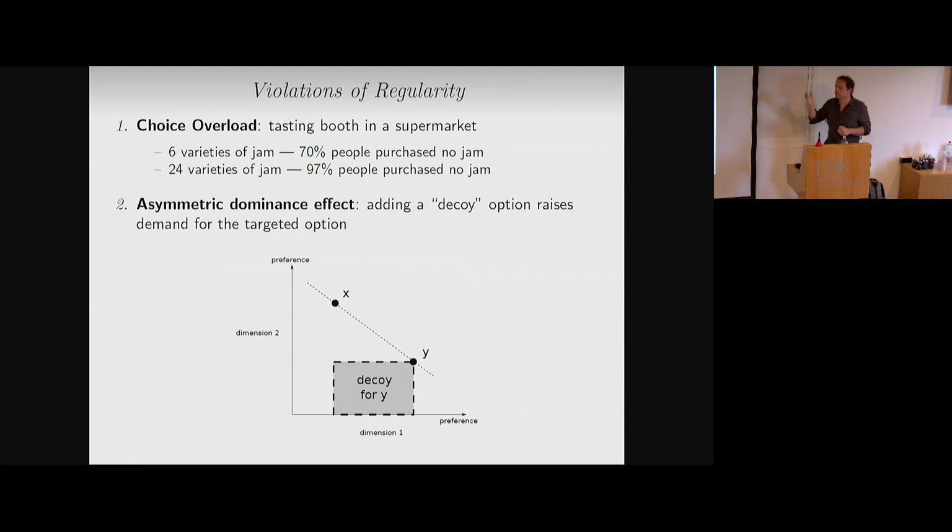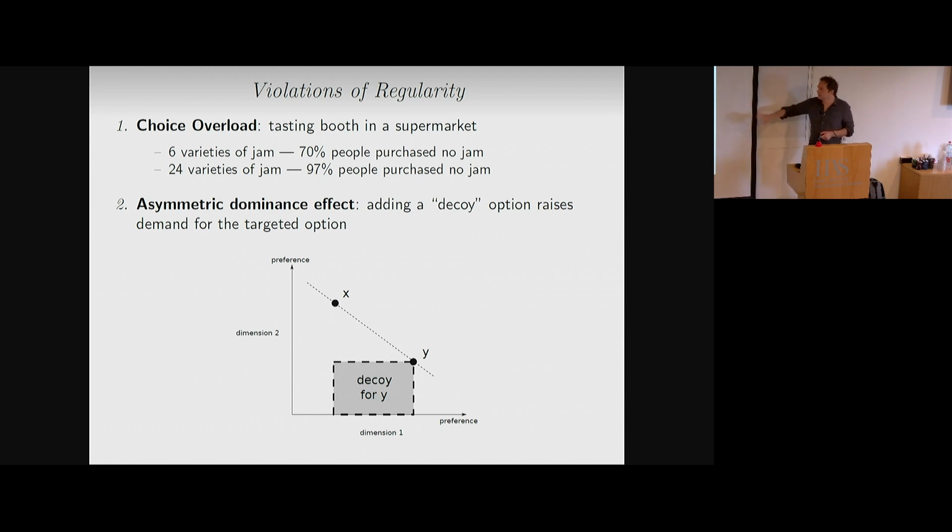And the observation is that in the 6 varieties, 70% of people chose the default option of not buying any jam. But if you add more varieties, the percentage of people who choose that option goes up as opposed to going down. Interpretation being people get overwhelmed by choice and they just don't make any choice. So that's not allowed by random utility.